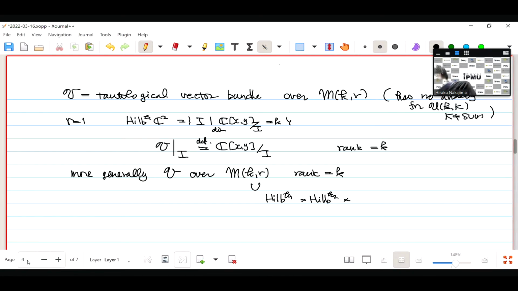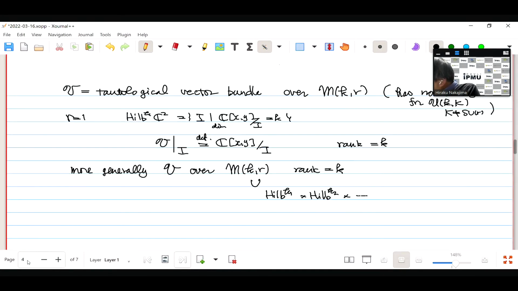I only consider the Hilbert scheme of points on C^2, so I may omit C^2. As a fixed point set of the smaller torus action, we have this space.